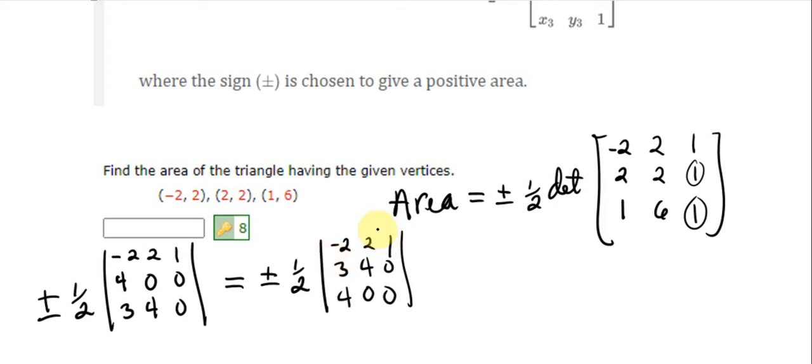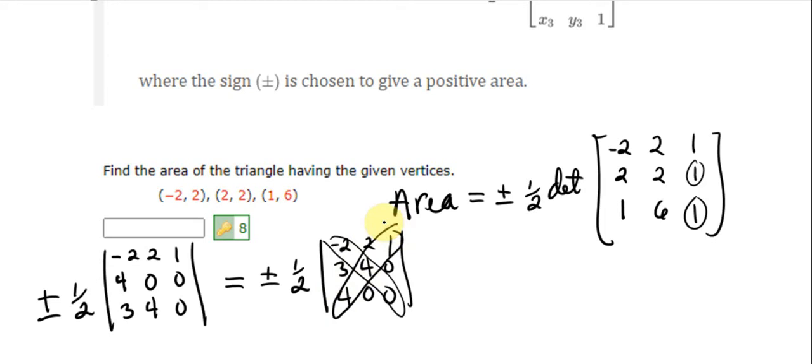Now, we talked about if you have a triangular matrix, that the determinant is just the product of the main diagonal. But here, the main diagonal is going in this direction, and we're looking at that direction. Well, we can use that. It's just negated.